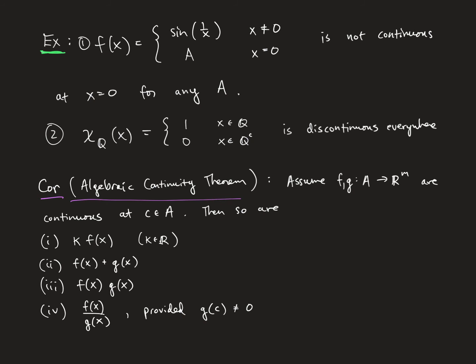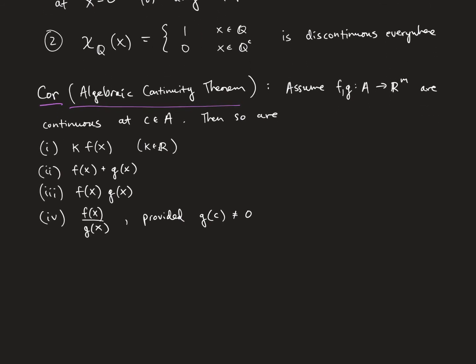The sum of those two functions is going to be continuous, the product is going to be continuous, and the quotient, provided the denominator is not equal to 0 at the point C, will be continuous. Okay, so the proof is just immediate from the algebraic limit theorem and the sequential characterization.